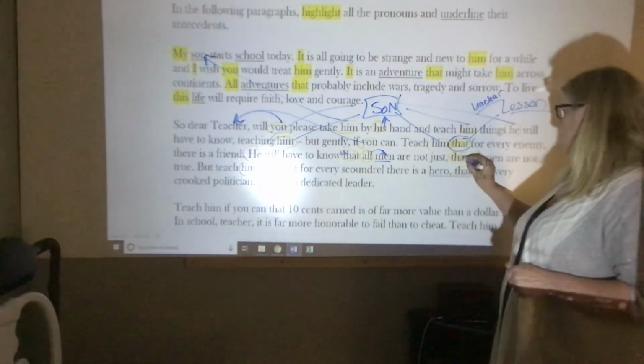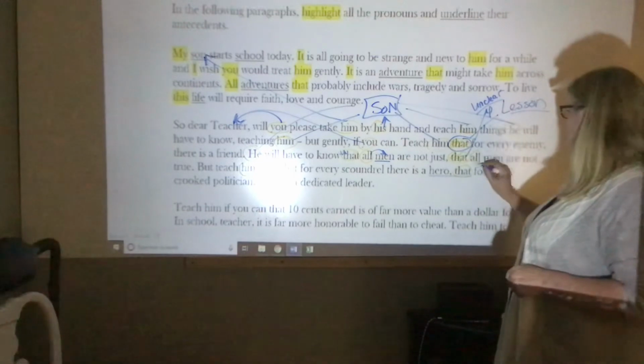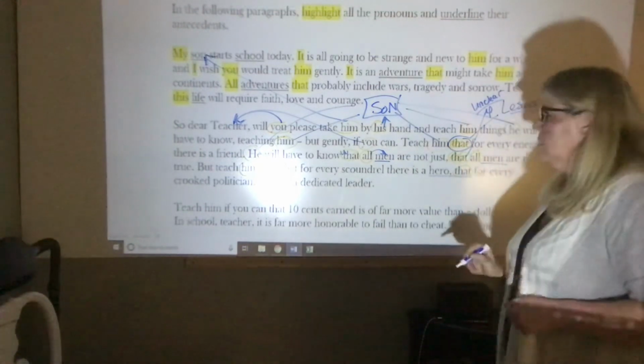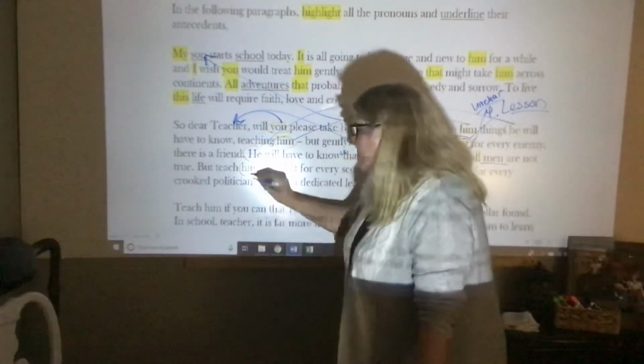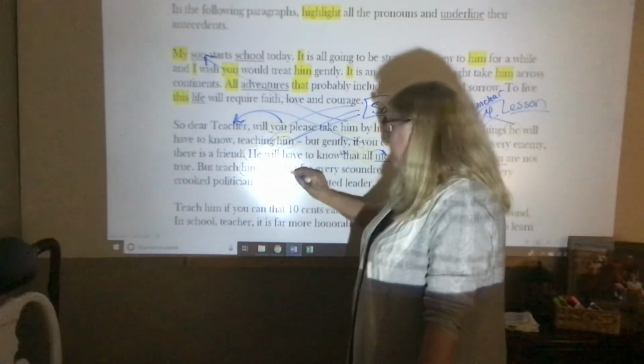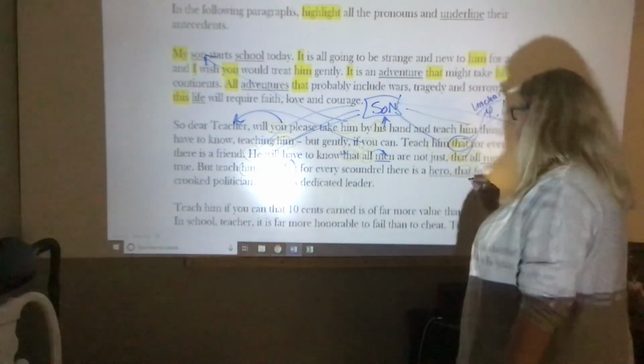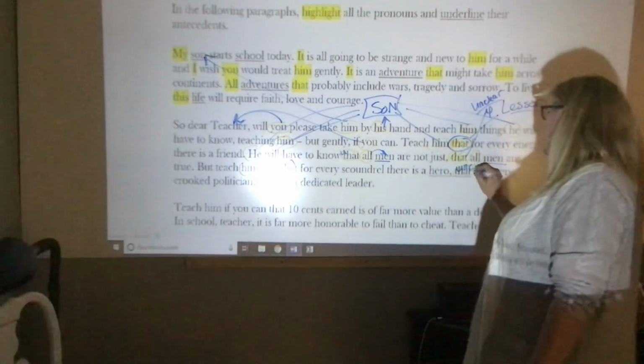That, so again, you have an unclear, all men are not true. But teach him, his son, also that, unclear, for every scoundrel there is a hero, unclear.